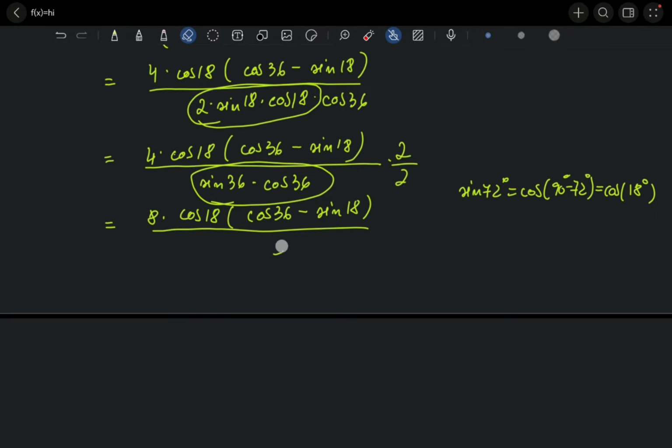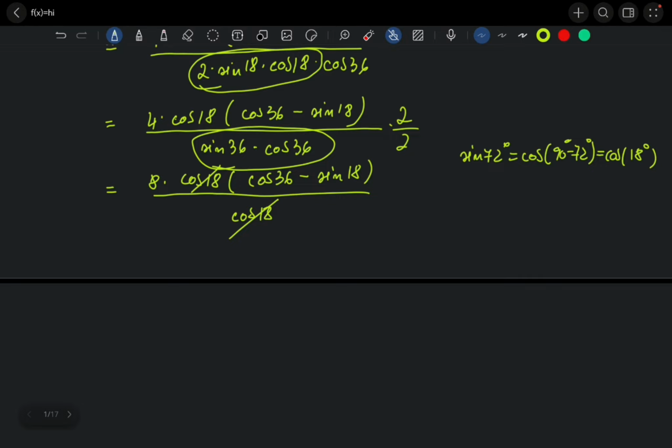So sine of 72 is equal to cosine of 18. The cos from the top with cosine from the bottom cancel each other out. And in the end, we get 8 over cosine of 36 minus sine of 18 minus sine of 18. Now, earlier, I told you that we want cos of 36 because we can turn it into 18 degrees. So let's do that.